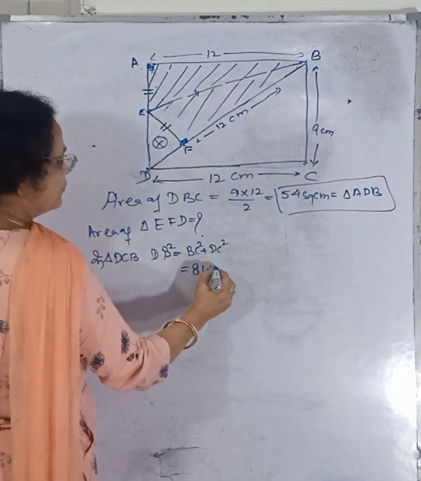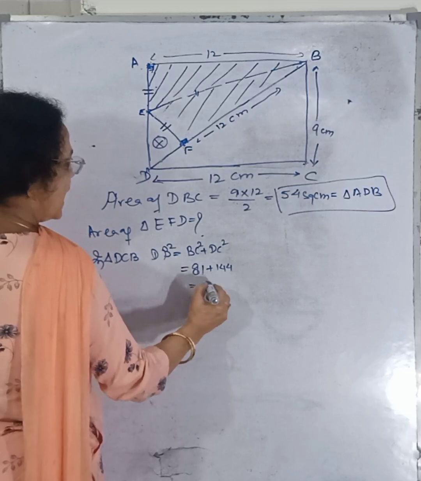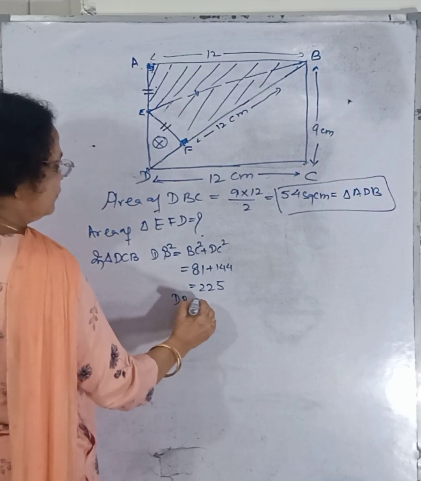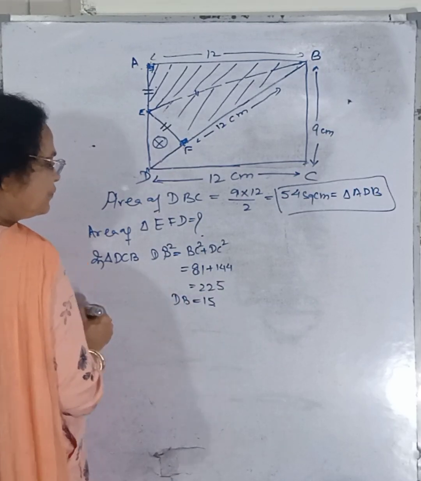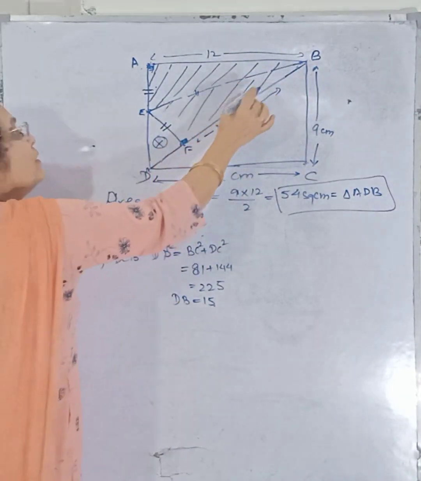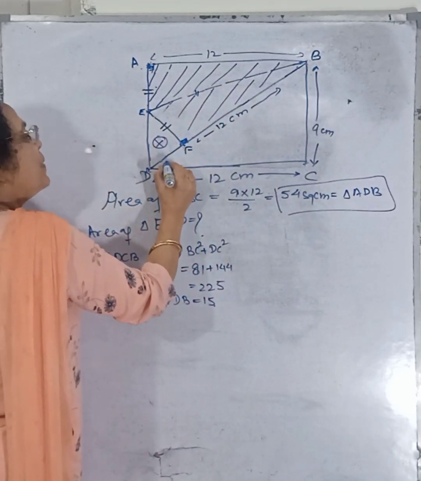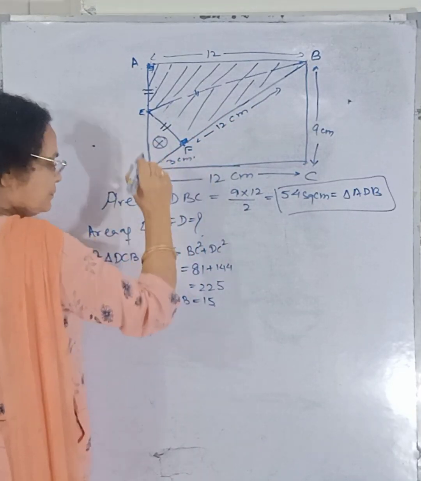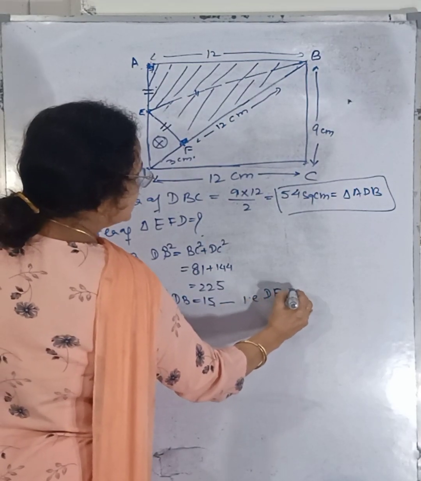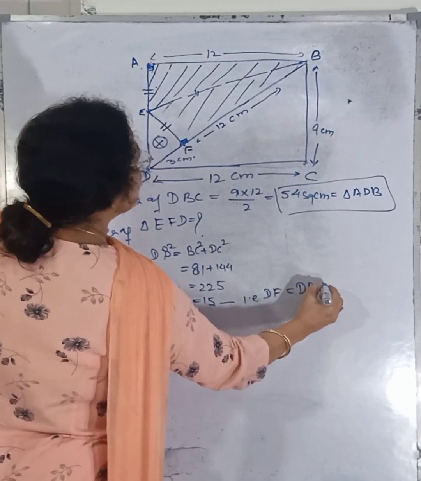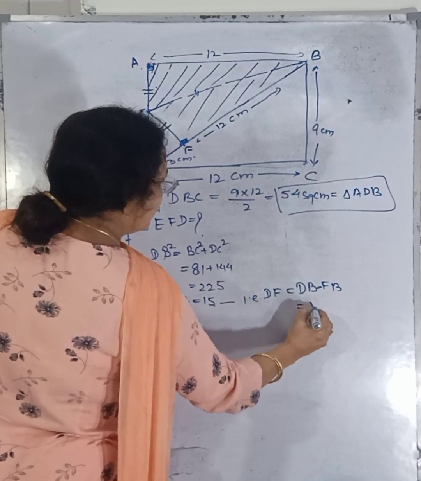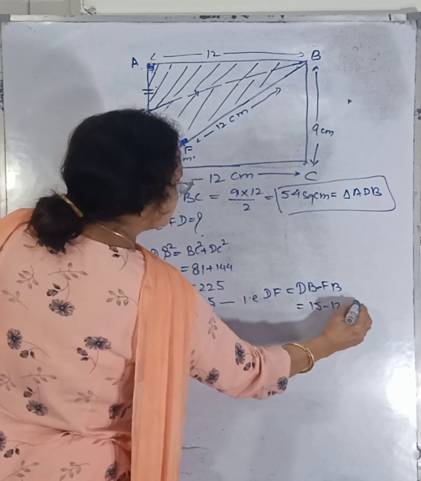DC is 12, square is 144. Adding this, we get 225. It means DB is equal to root of 225, which is 15. Out of which FB is 12, so DF remains 3 centimeters. DF is equal to DB minus FB, that is 15 minus 12, equal to 3 centimeters.